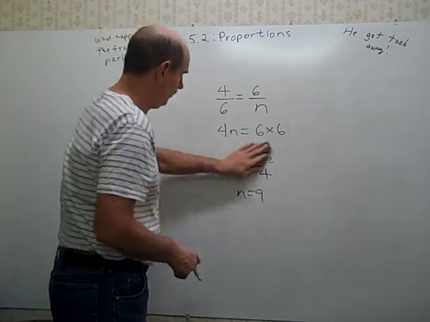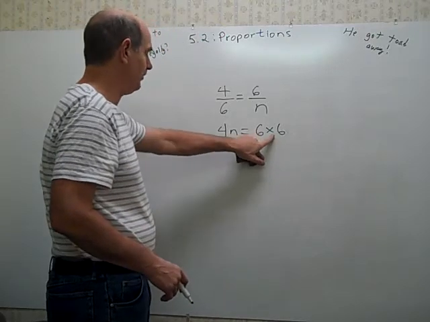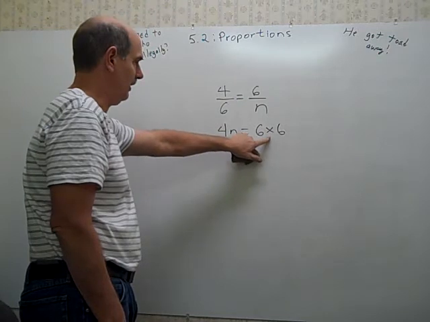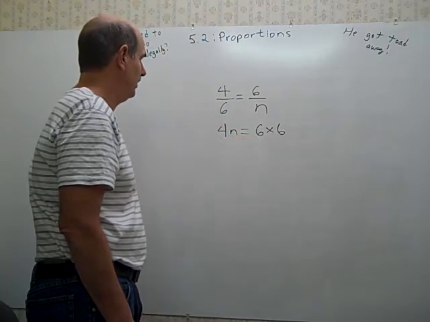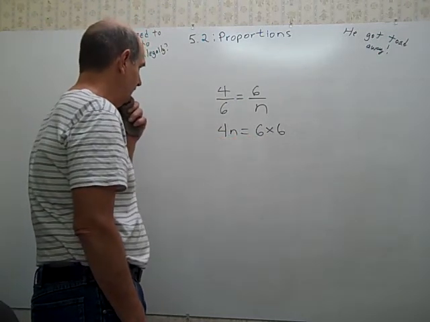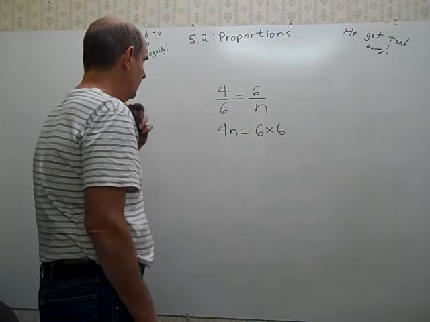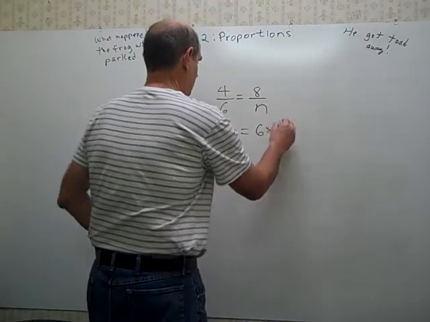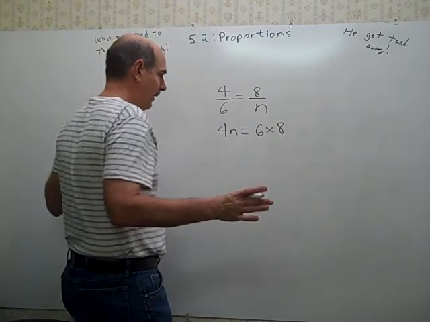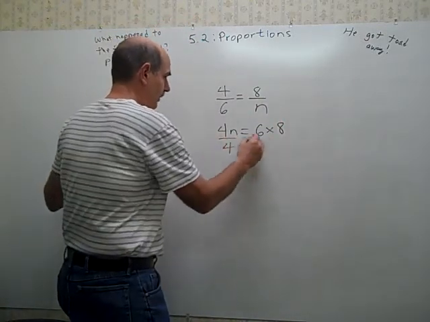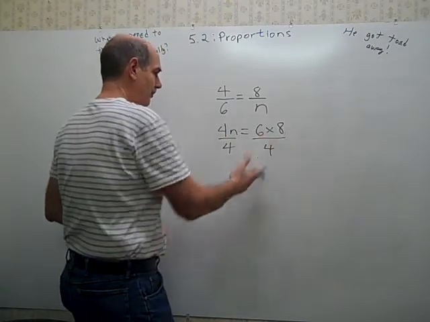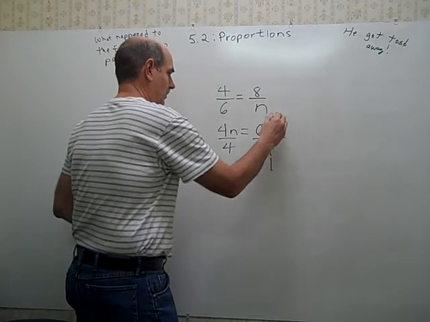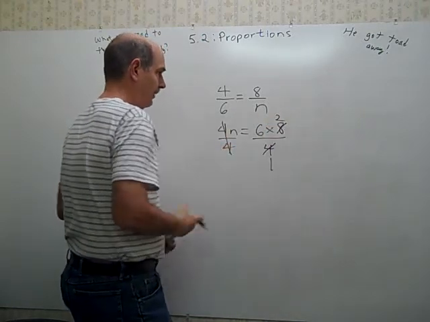There are some times, too, when it's convenient to just leave the product of the means, in this case, in factor form. Let me do some quick revision here to make this an 8. And don't even multiply it, just divide by 4, and you can reduce this because 4 goes into 4 one time and 4 goes into 8 twice, and n equals 12.